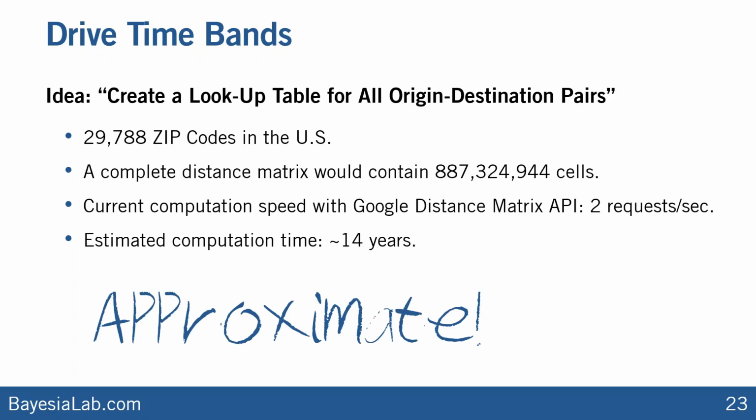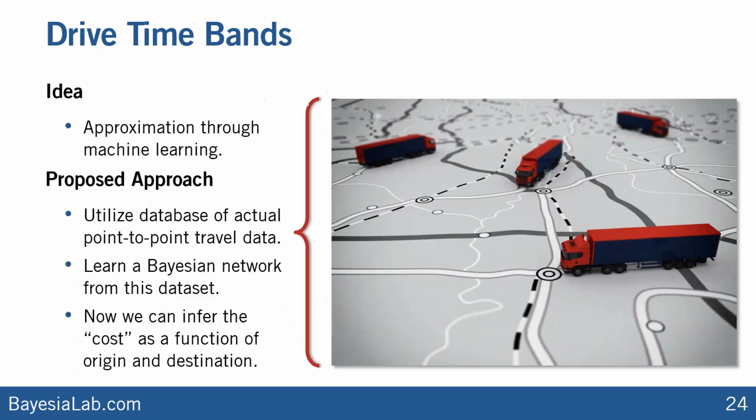So what is our idea? Well, we're going to approximate. So instead of computing everything explicitly, we are going to figure out how we can capture all these relationships in a more compact way. So what we want to do is approximate through machine learning and use actual point-to-point travel data as opposed to using theoretical zip code combinations.